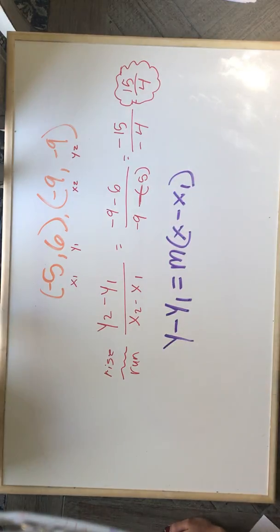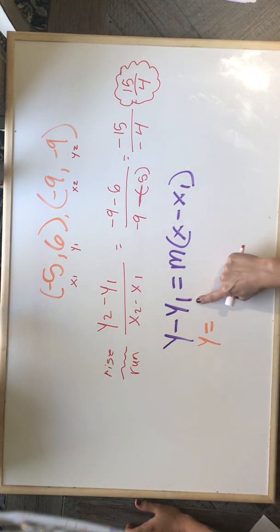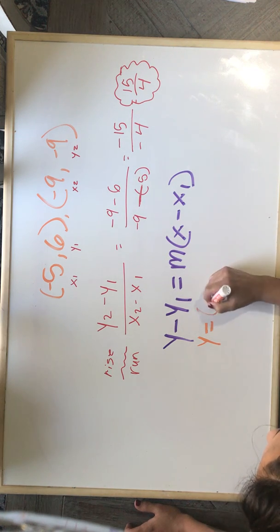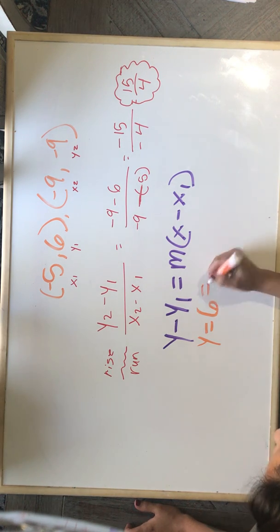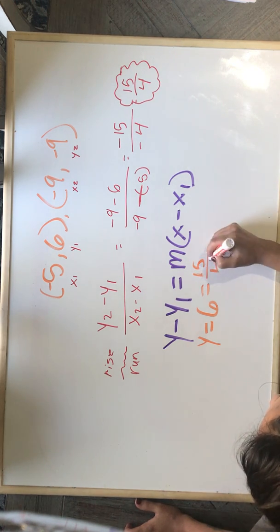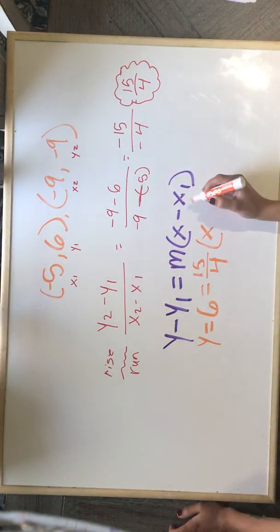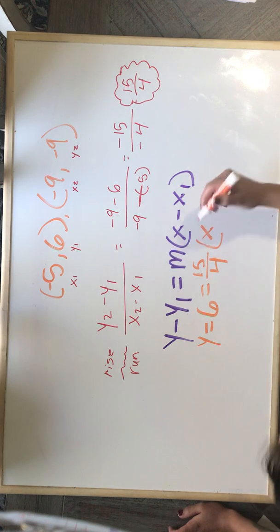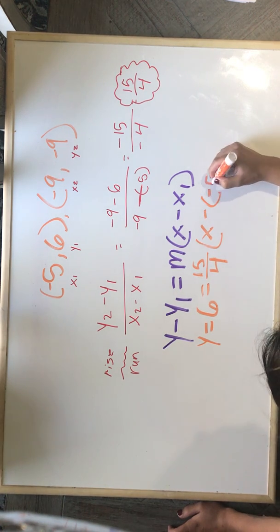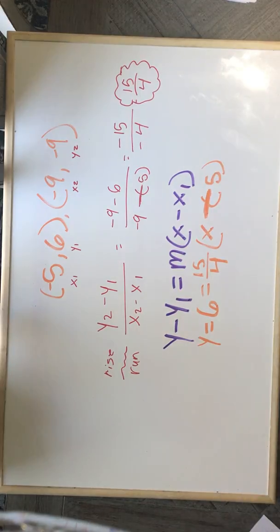When we plug in y1, x1, and m, let's see what we get. y minus y1, which is 6, equals m, which we figured out is 15/4. That's positive, right? Yep. Times x minus x1. What's x1? Negative 5. Minus negative 5, or plus 5 with my trick. Plus 5.